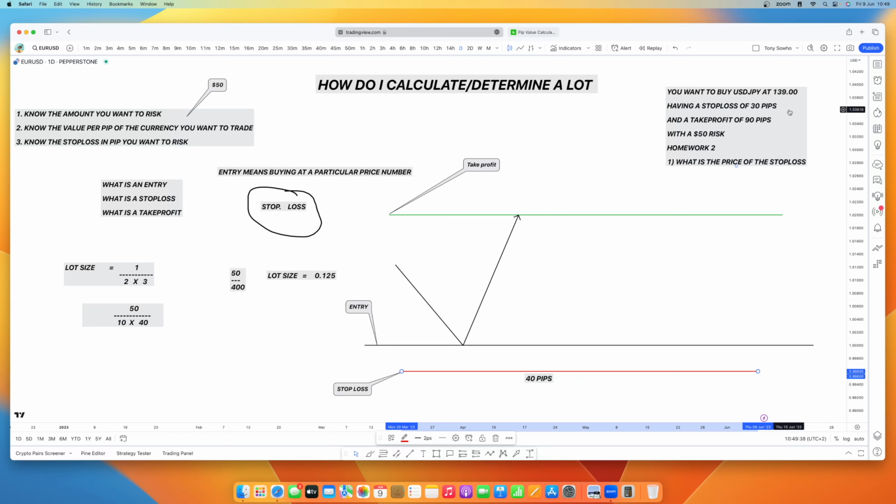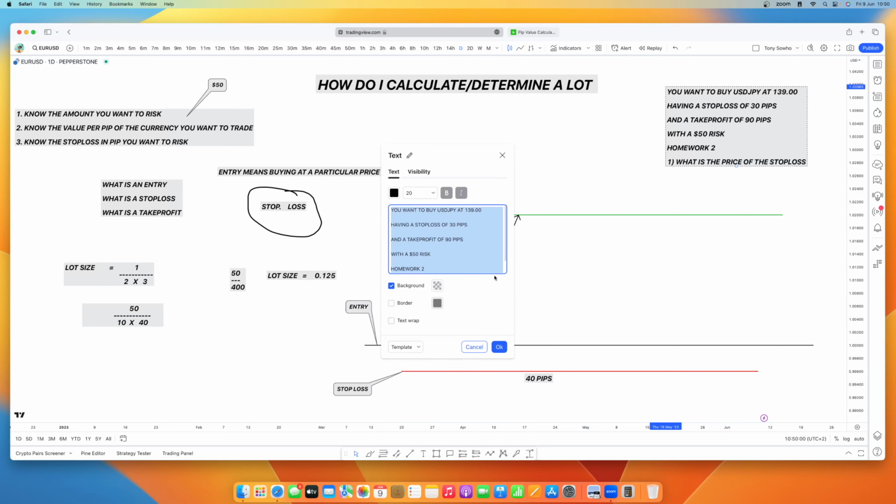So I want to know the price of the stop loss, not the pips now. We know the pip is 30, but what is the price? And then your take profit also at 90 pips, what is going to be the price? That's it. So your first one is, what is the price of the stop loss? The second assignment, number 2, is what is the price of the take profit?